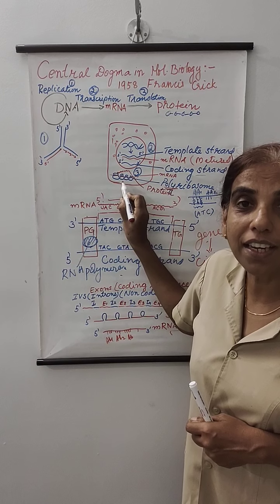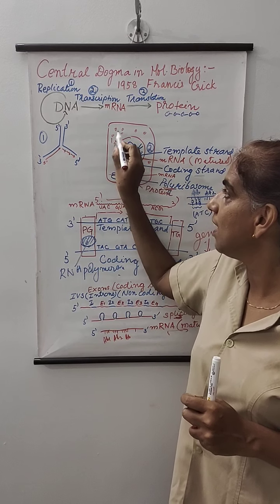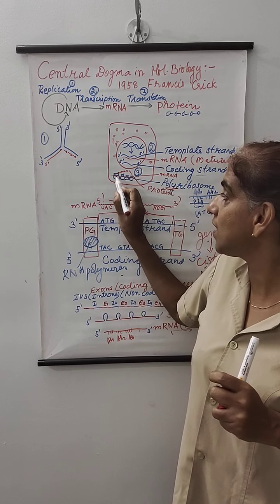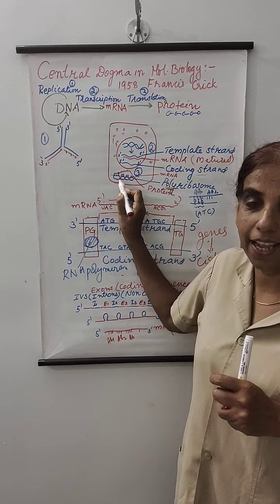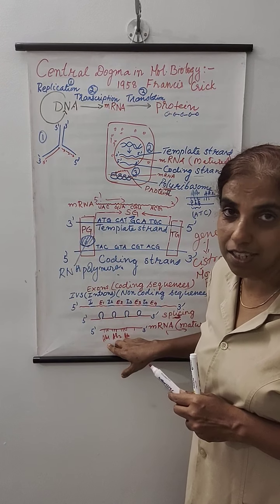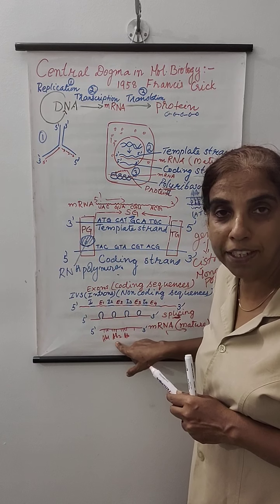The transfer RNAs are mainly responsible for bringing the correct coded amino acid as per the codes on the messenger RNA. So messenger RNAs are carrying triplet codes, 3 nitrogen bases forming the triplet codes.